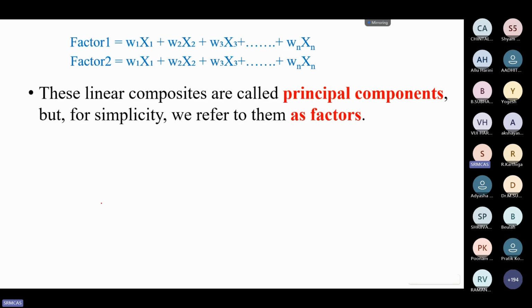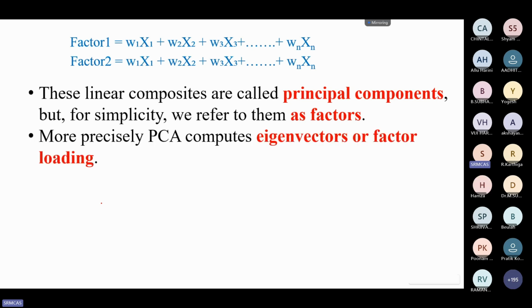All these factors are called a principal component or a factor. More precisely, PCA computes the eigenvectors or factor loadings.